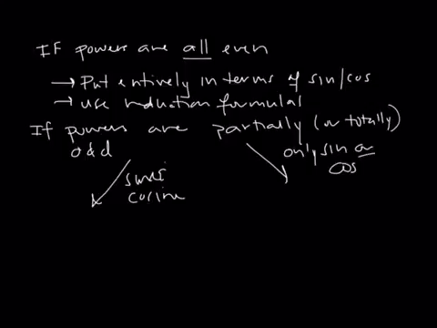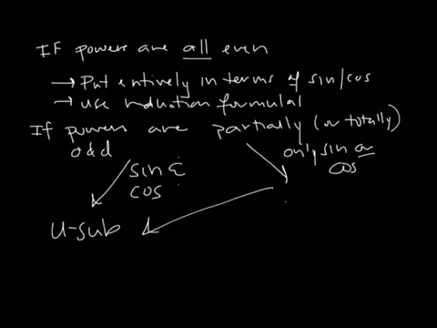If there's sine and cosine, then you can do a nice u substitution, and that's going to be your best way to do it, because you're not going to ever be able to get rid of one of them, because one of them is odd. If it's only sine or cosine, it doesn't matter if it's odd or even, you can use u sub or the reduction formula.